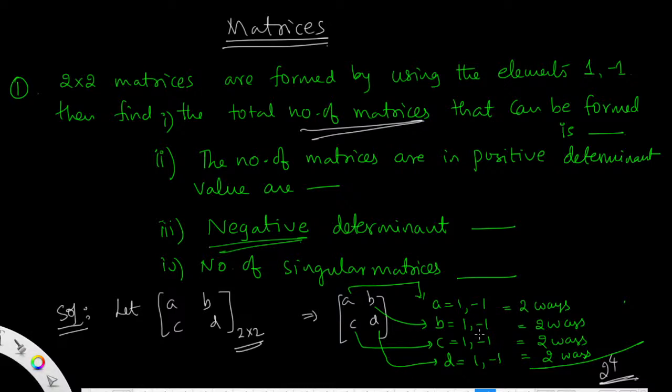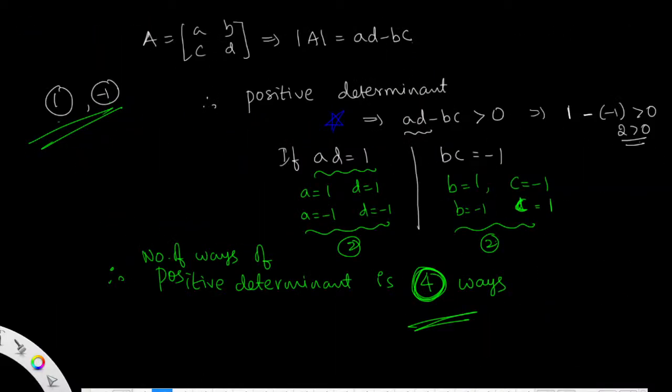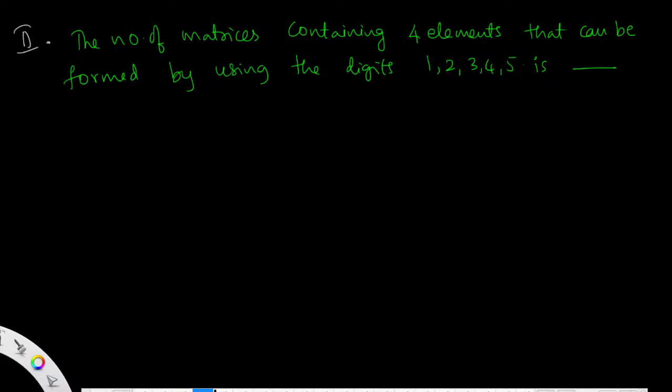So the previous question used only 1 and minus 1, but here the total elements are 1, 2, 3, 4, 5.